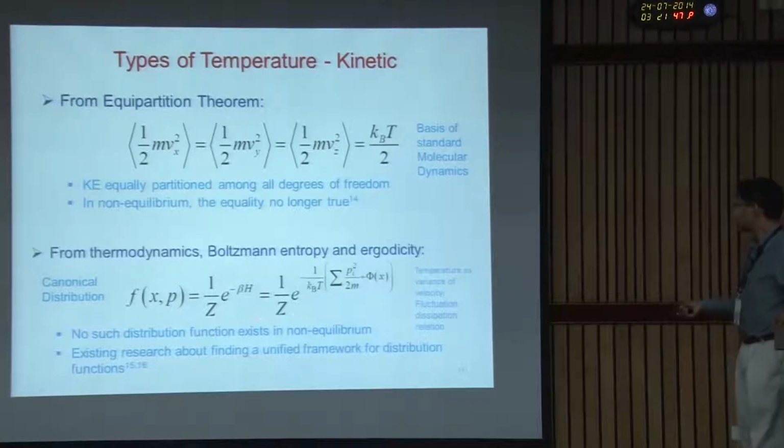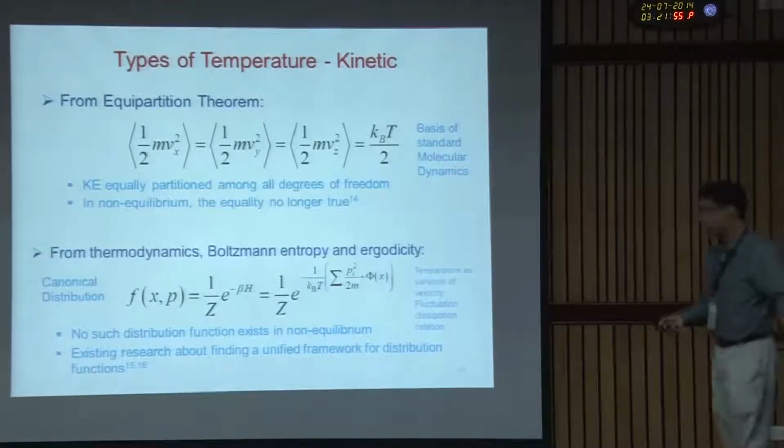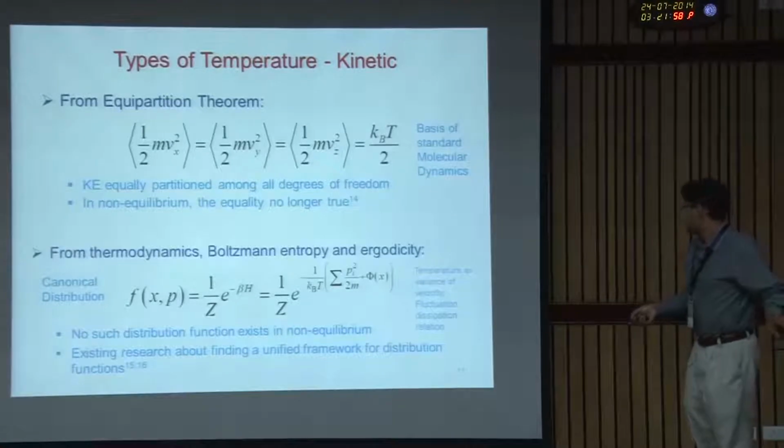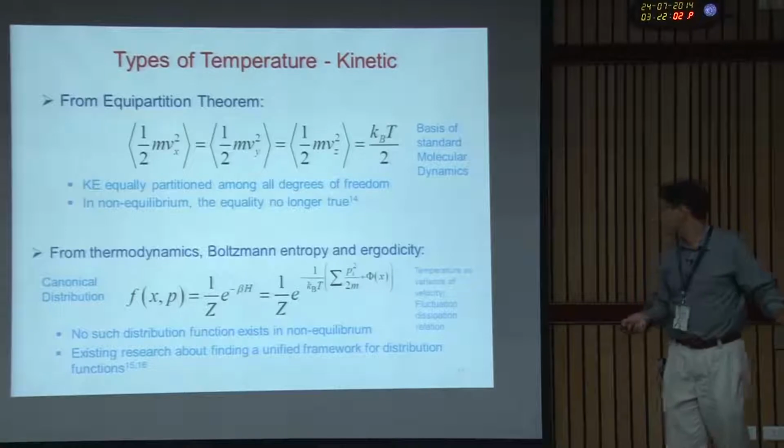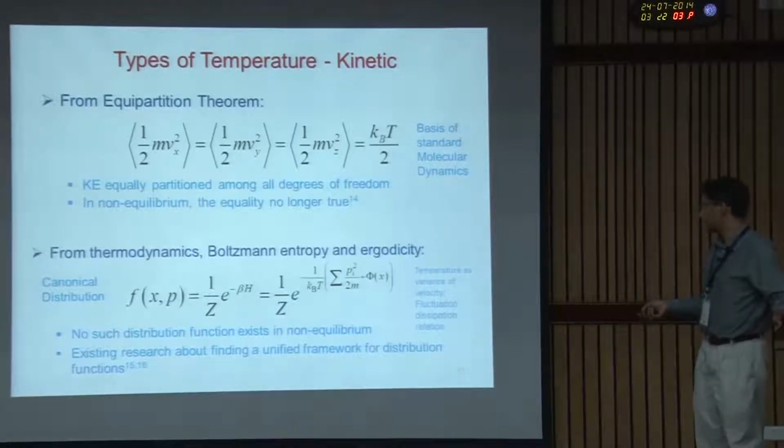This is of course Gaussian in nature, at least for the velocities. This is the kinetic energy part, and this is the potential energy part. Now, these distribution functions don't exist away from equilibrium, and work is still going on to find a unified framework.